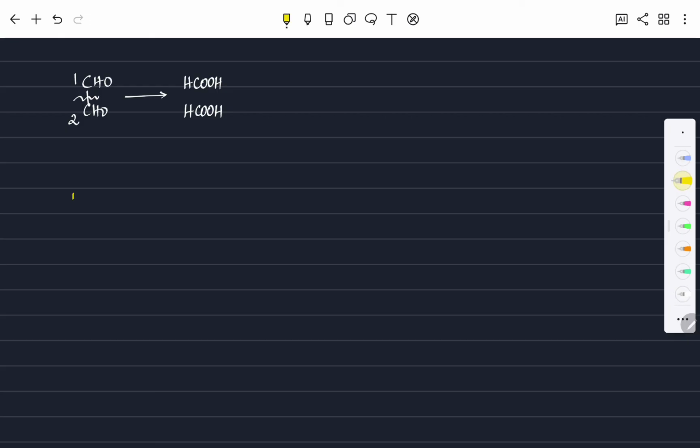Suppose the structure is keto group and keto group, a 1,2-diketone. Again we have to break the C-C bond. The first carbon will be converted into carboxylic acid, and the second carbon also converts into carboxylic acid. Both carbons convert into carboxylic acid.